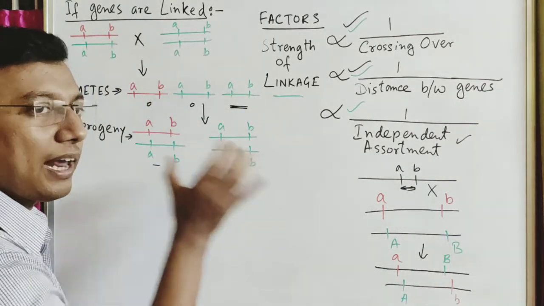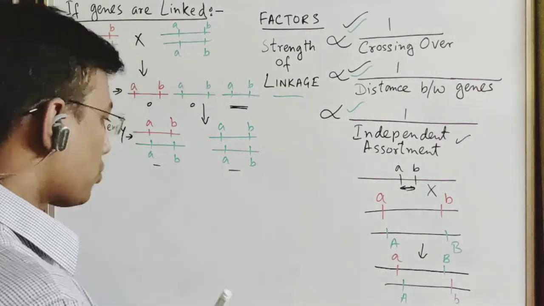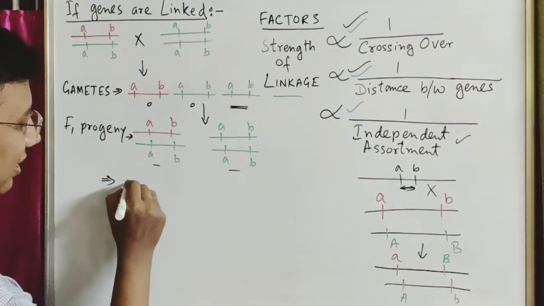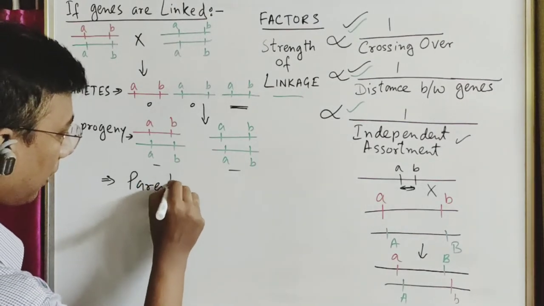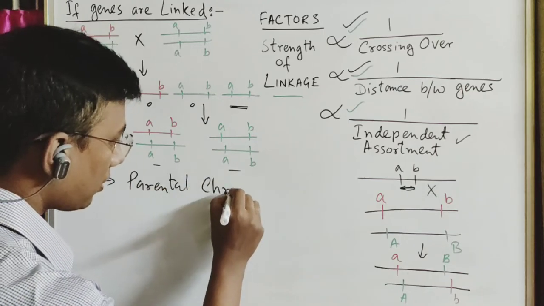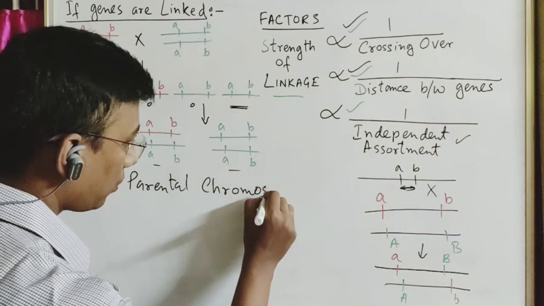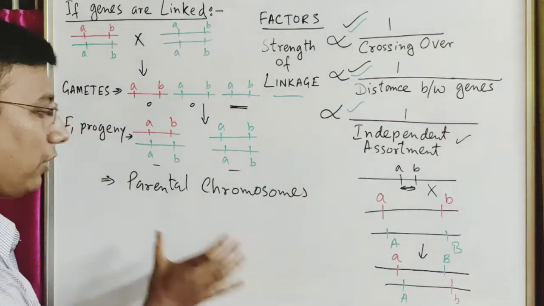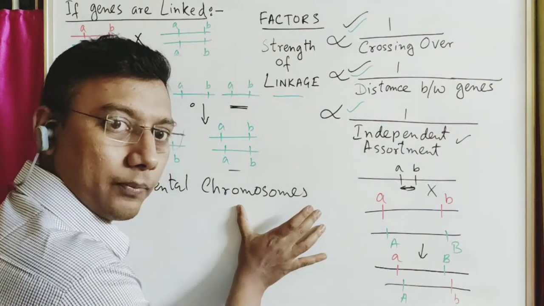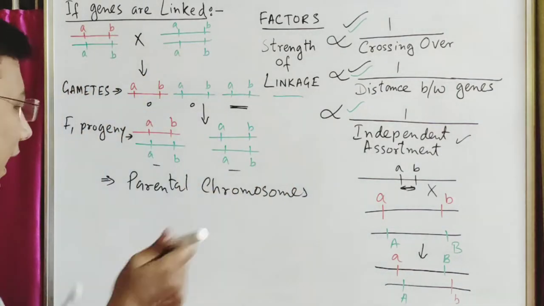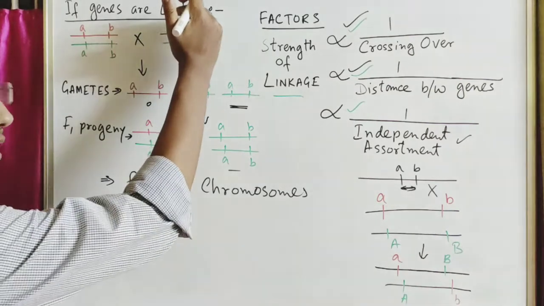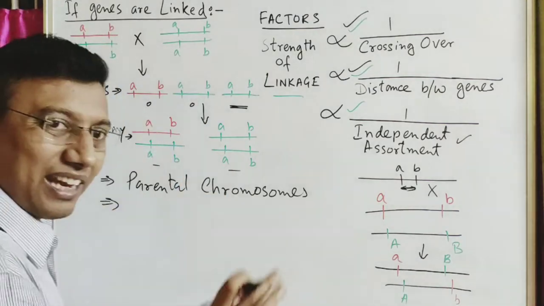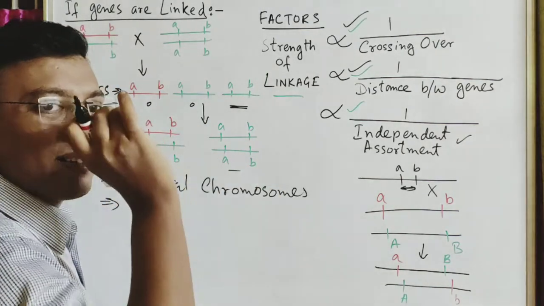So if genes are linked, then we will get parental chromosomes, and in this full crossing, we have not seen a single crossing over or a single recombination.